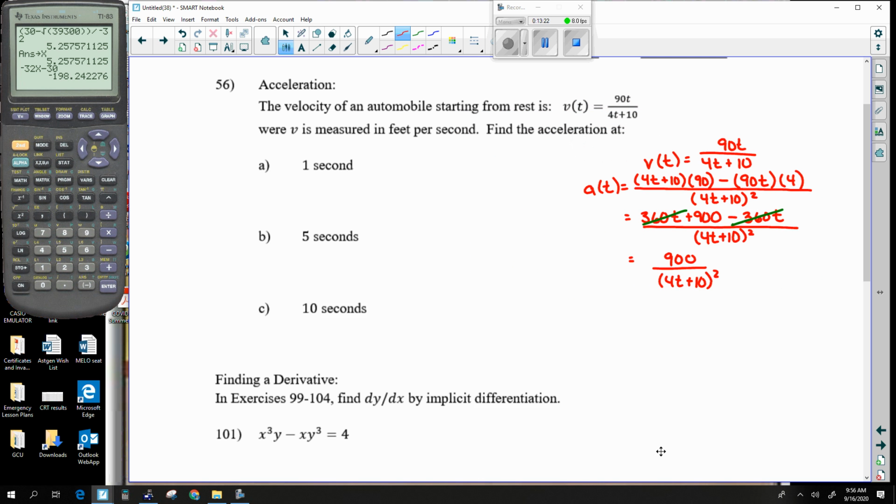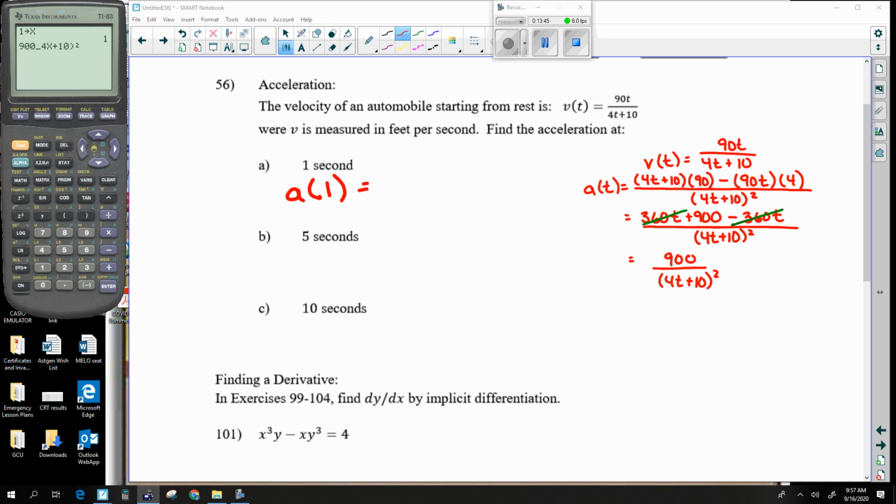Okay, so find the acceleration at 1 second. So what is the acceleration at 1 second? So what I'll do is I'll go 1 store x, and this is 900 divided by 4t plus 10 squared.